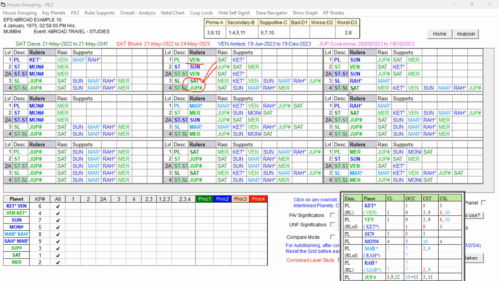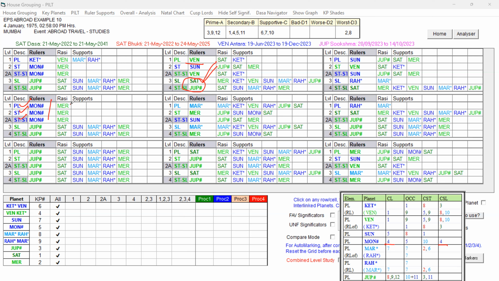If that is the case, you can see Sun is not strongly favorable, and you can see Moon. Moon is the fourth lord and also the fourth cuspal sublord, 4, 5, 10, 4. That Moon is in the star and the second level is Moon. That is the purpose of travel.